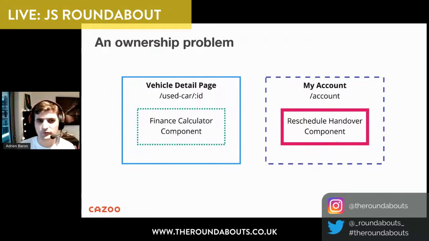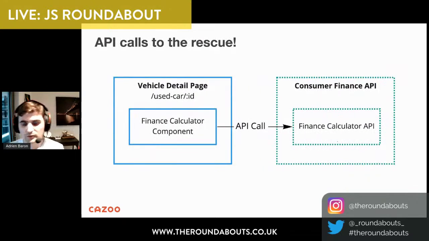So you can see we have some ownership problems, where we want to mix things not at the page level, but at a more granular level. For example, we want to put a finance calculator owned by the finance team on the vehicle detail page owned by search and browse, or a reschedule handover component, to reschedule a delivery, on the My Account page. The way we solve that right now is quite straightforward.